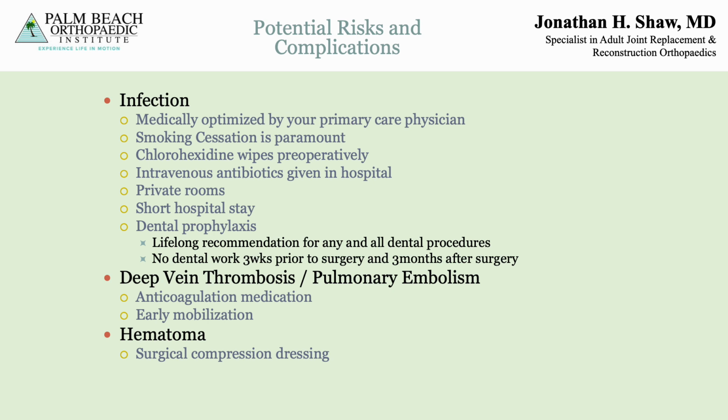That is why it is paramount for people to be medically optimized from their comorbidities, stop smoking, and then I and my team do specific things in order to reduce those risks, like the chlorhexidine wipes preoperatively, the IV antibiotics I give to the patients before the procedure, as well as shortening that patient's hospital stay as much as possible so that the patient's risk of infection has been reduced.